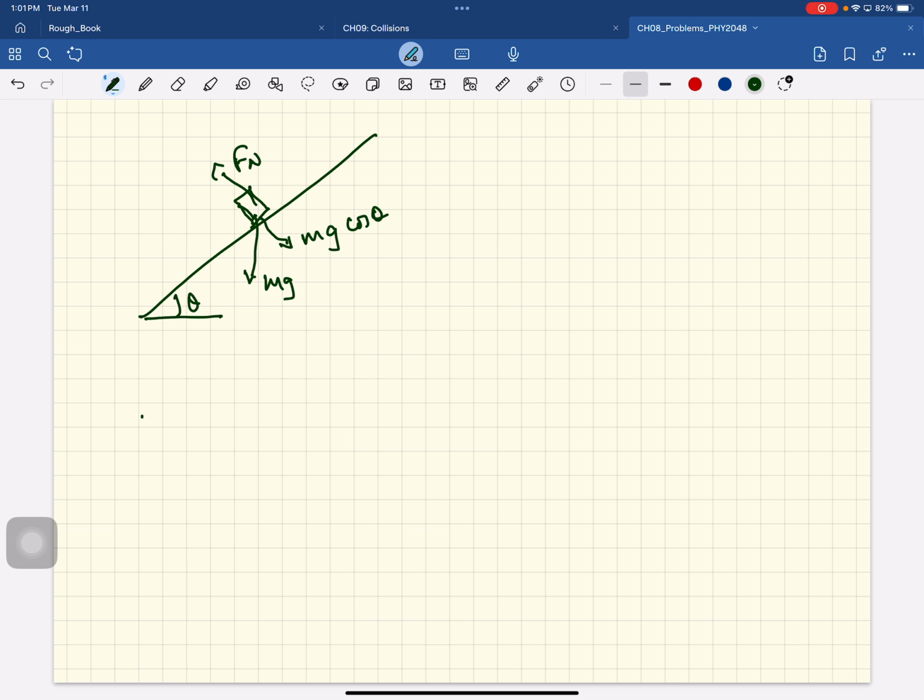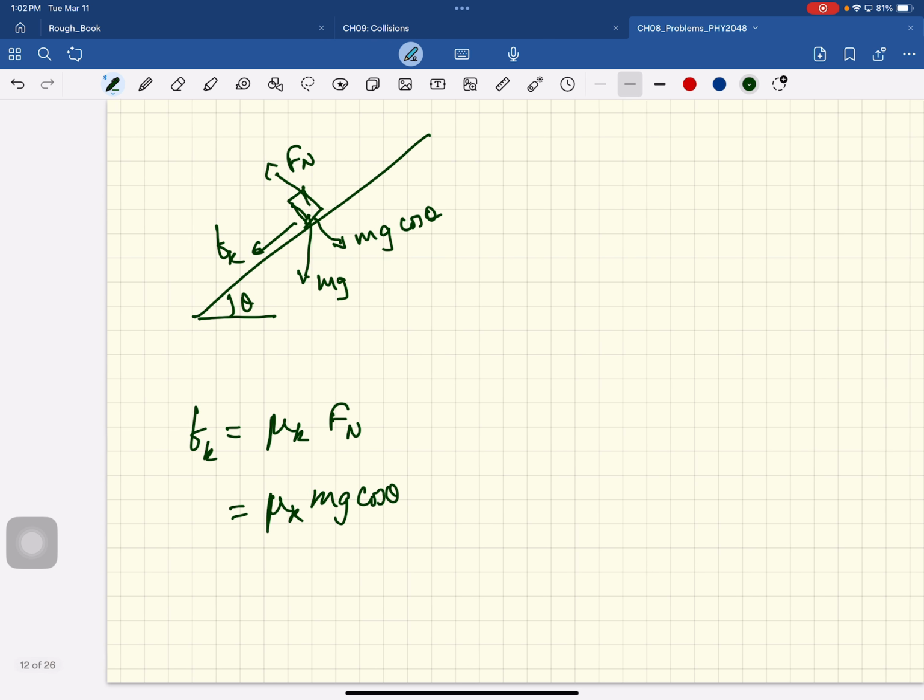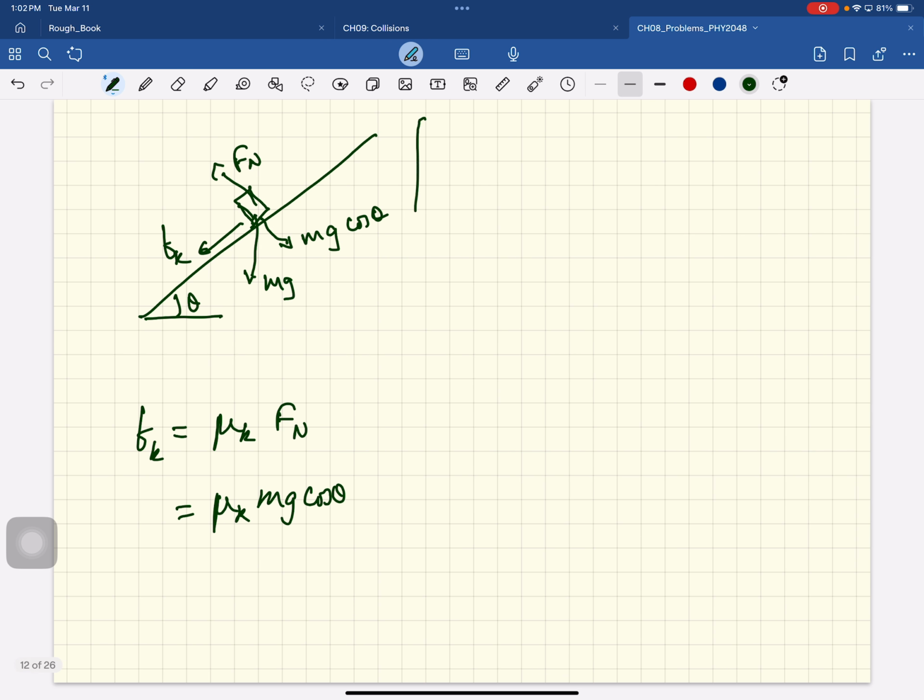And so Fk, the friction force, is mu k times the normal force. So now we'll put all of this in there.